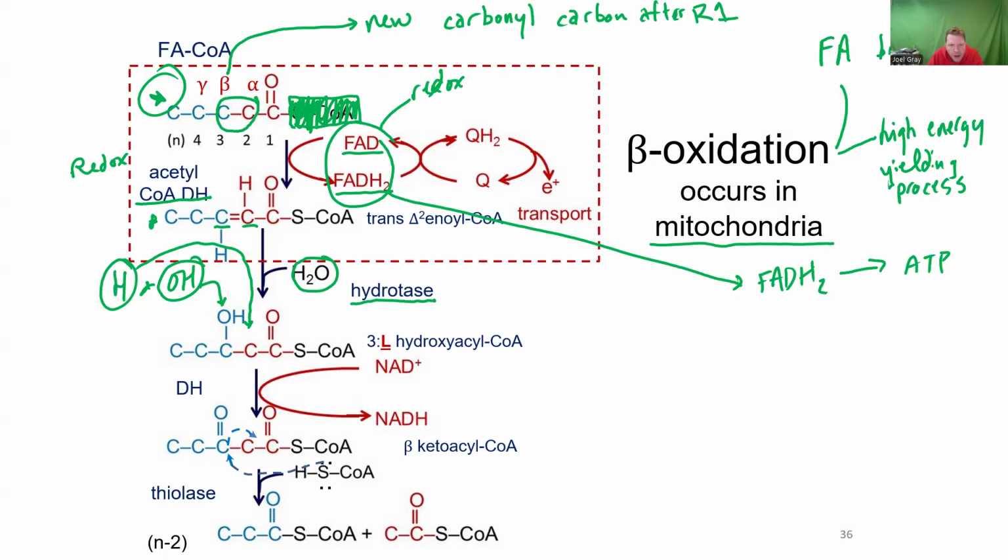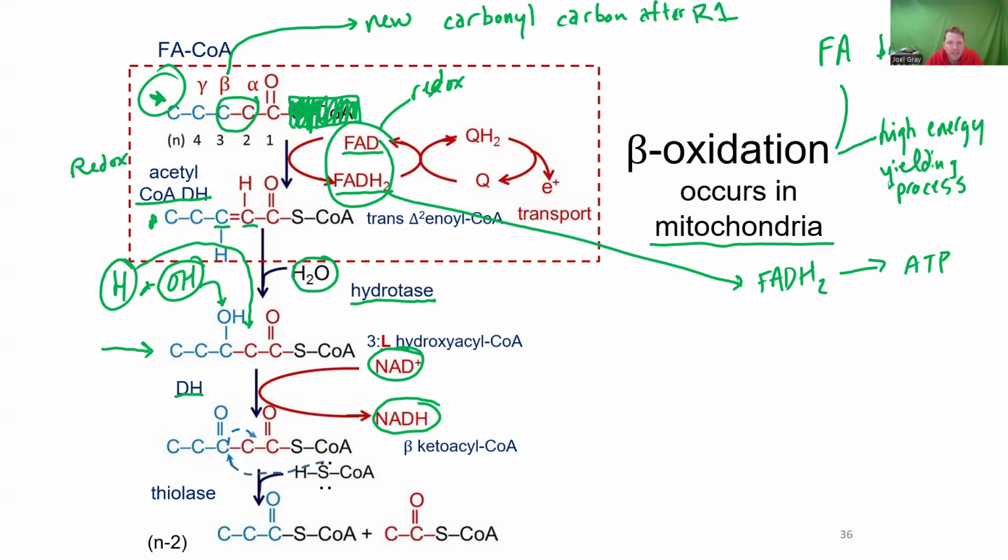Okay. So now that I have this molecule, which I've just added an OH to, I'm going to use NAD and I'm going to generate NADH. This is a DH, a dehydrogenase.